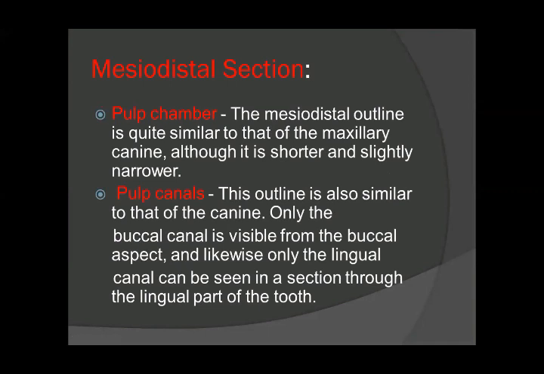Mesiodistal section, pulp chamber: the mesiodistal outline is quite similar to that of the maxillary canine, although it is shorter and slightly narrower. Pulp canals: this outline is also similar to that of the canine, only the buccal canal is visible from the buccal section, and likewise only the lingual canal can be seen in a section through the lingual part of the tooth.